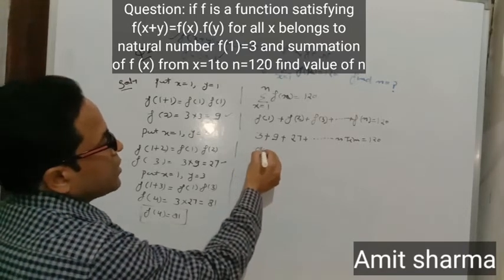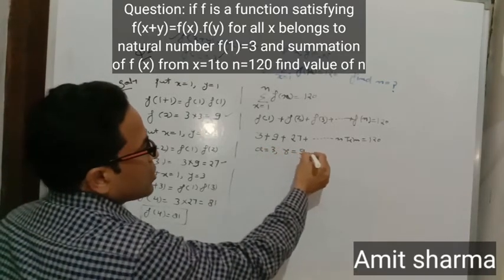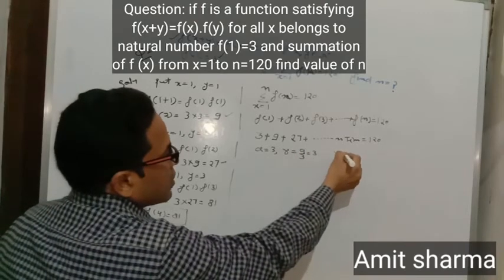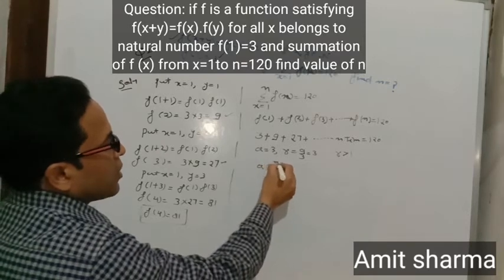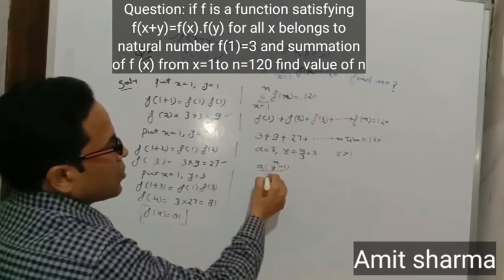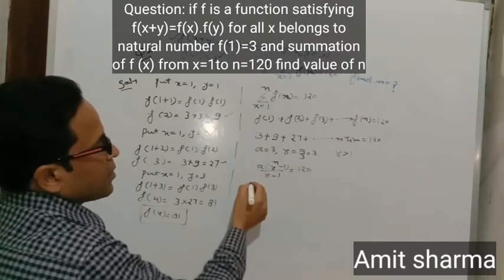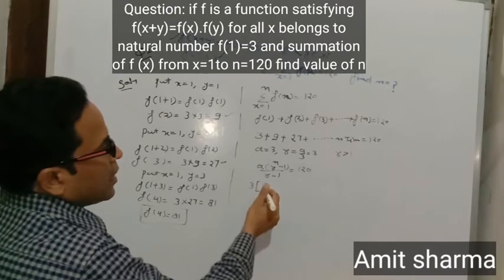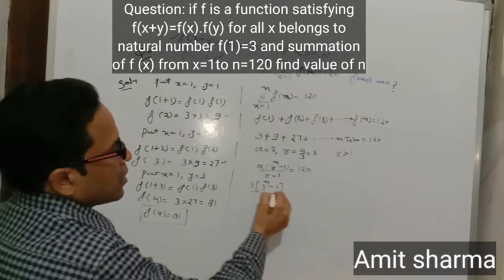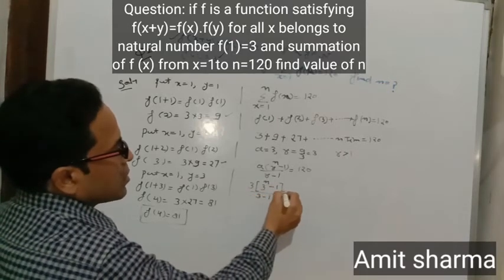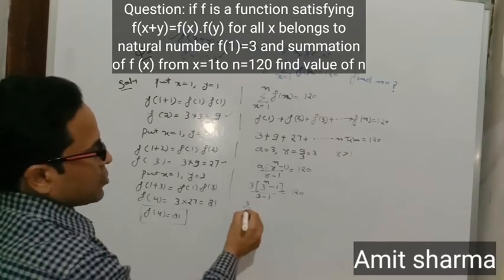Now this series is a GP, so you use the formula for the sum of n terms. The first term is 3 and the common ratio is 9 upon 3 equals 3, which is greater than 1. So you use the formula a times r raised to power n minus 1 upon r minus 1 equals 120. In place of a, 3, and r is also 3, so 3 raised to power n minus 1 upon 3 minus 1 equals 120. Now 3 minus 1 is 2.